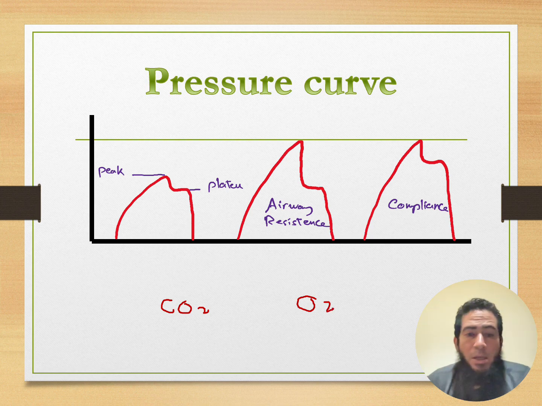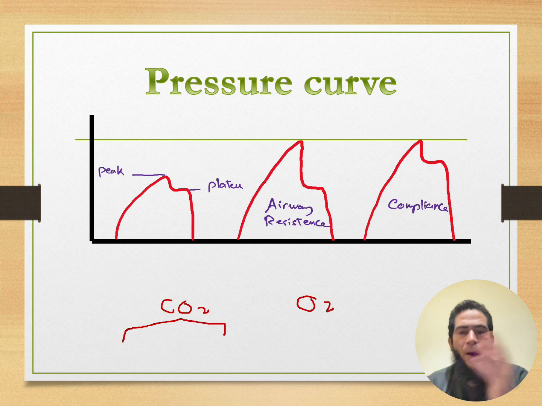All right, so what are the factors changing the oxygen, and what are the factors affecting the carbon dioxide levels during mechanical ventilation? Let's start with the carbon dioxide, because it's easier. The factor affecting the carbon dioxide is the minute volume, so how much air will go in and out during a minute.